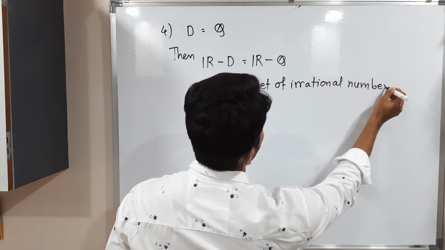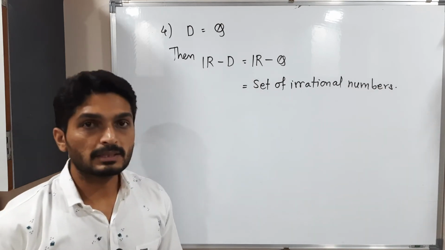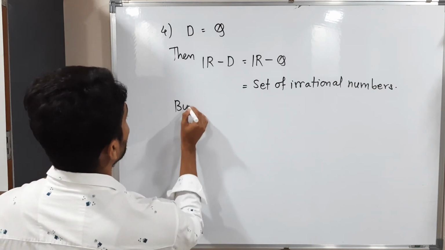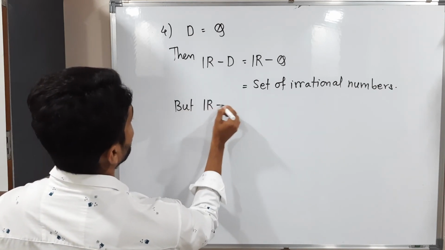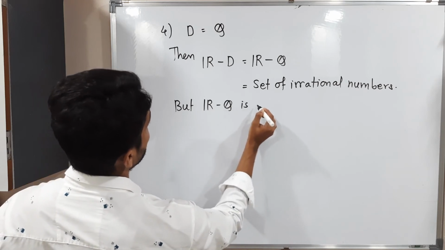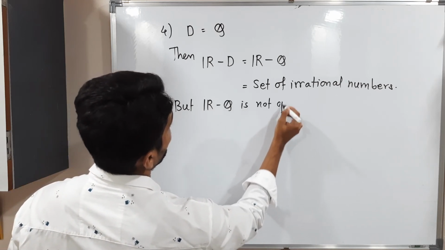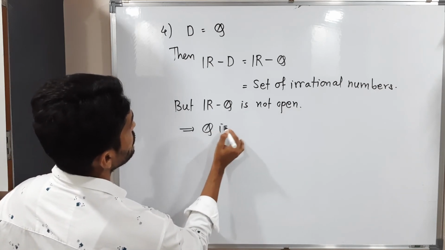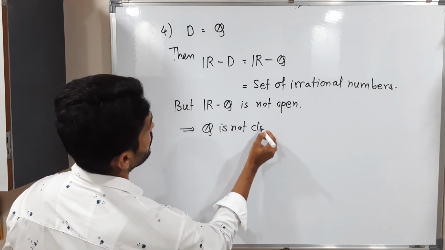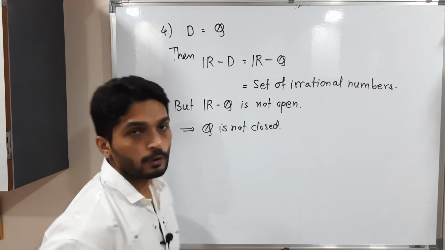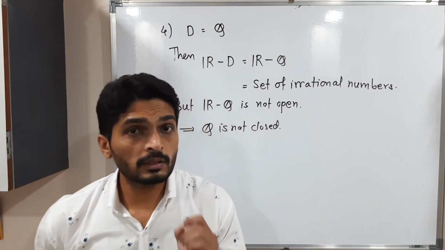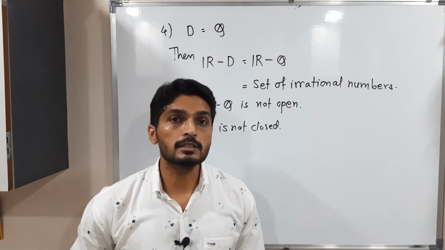See, the set of irrational numbers is not open. So R minus Q, the set of irrational numbers, is not open. So that's why Q is not closed. See, its complement is not open, so that's why it is not closed. So it is closed only if its complement is open.